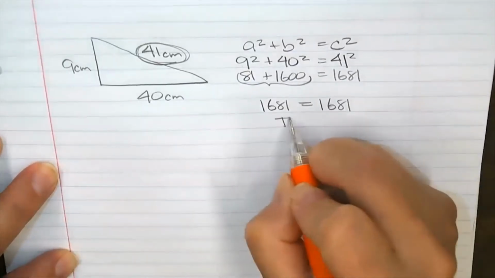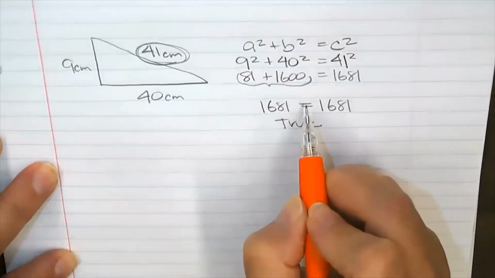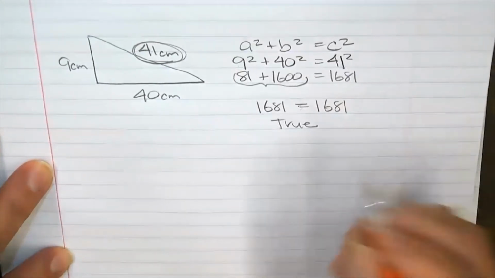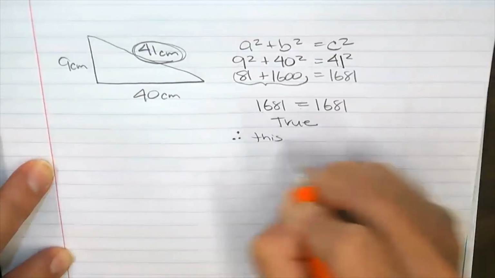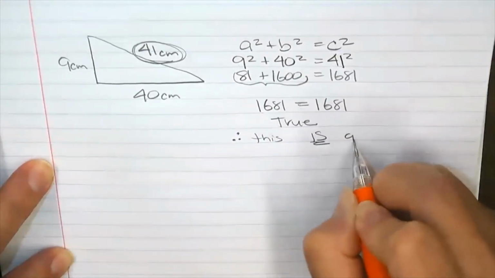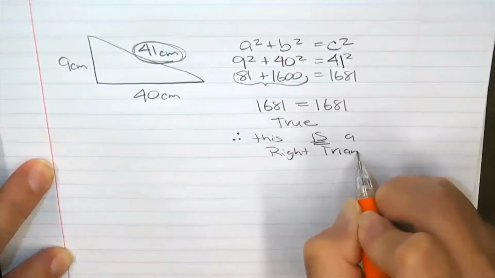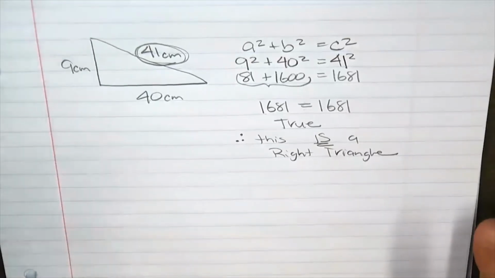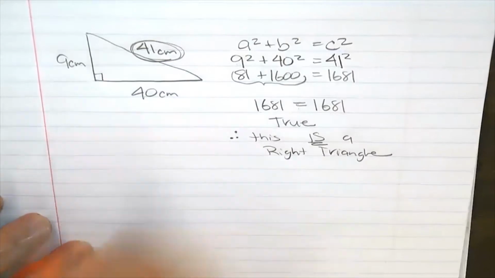This is a true statement. 1,681 does equal 1,681. So this is a true statement. Therefore, this is a right triangle.